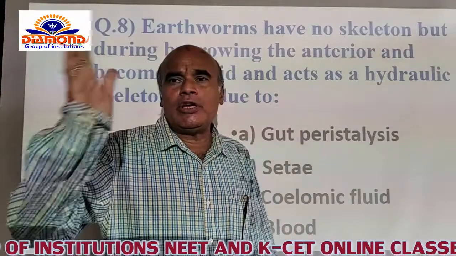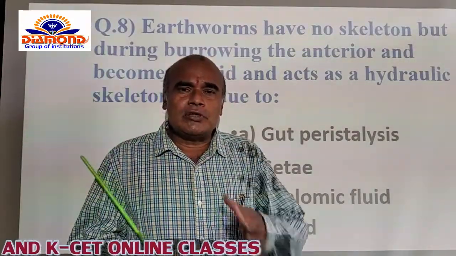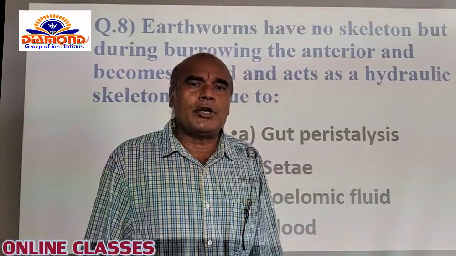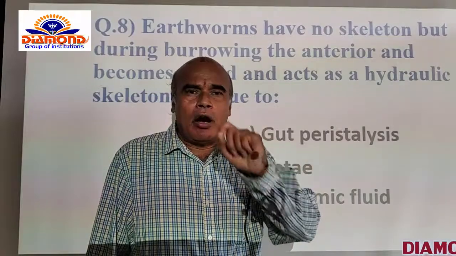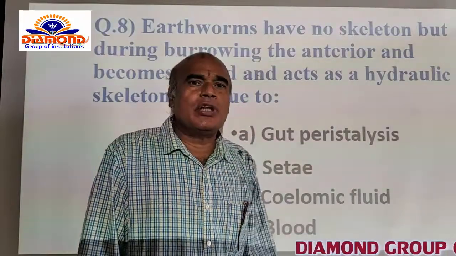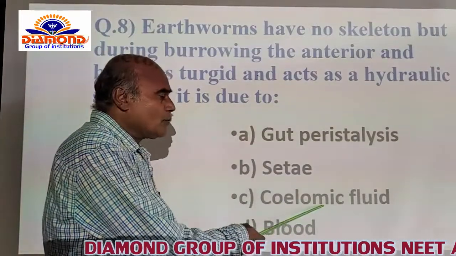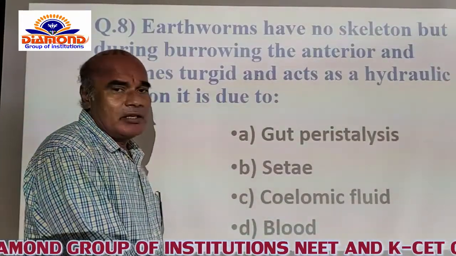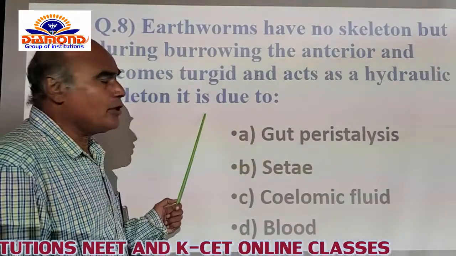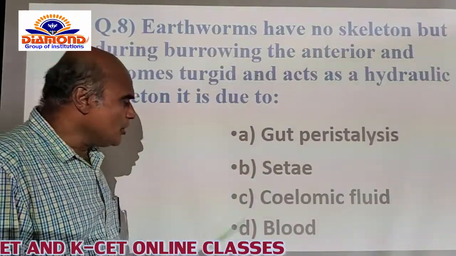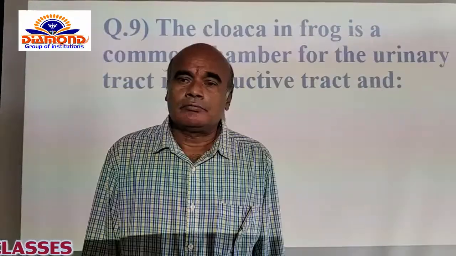When it is moving in a particular direction, the coelomic fluid flows speedily into the anterior part and makes the anterior part a hard structure to dig out burrows in the moist soil. That's why option C is the correct option. Whereas D, blood, is not at all concerned with acting as a hydraulic skeleton. Among A, B, C, D, option C is the correct option.